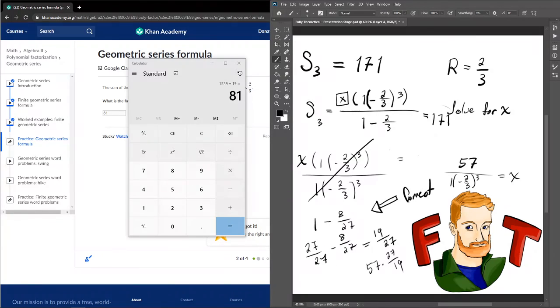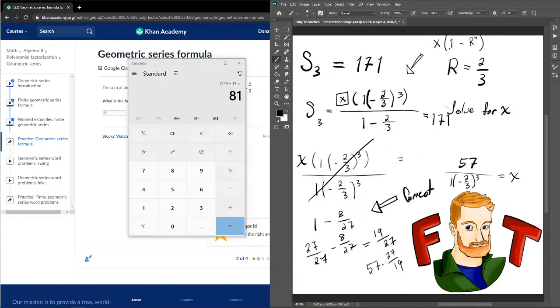So that's a C if you couldn't tell. When we set up right here, this is basically this right here where you have x times 1 minus r to the n.